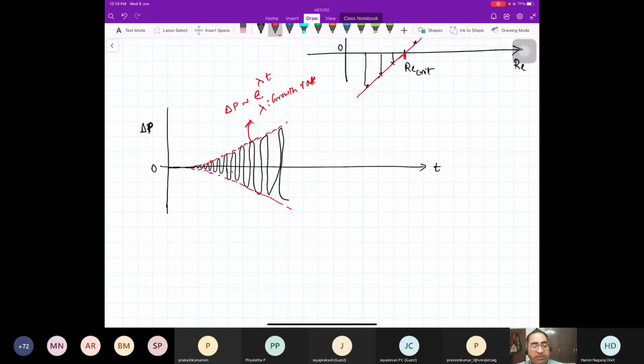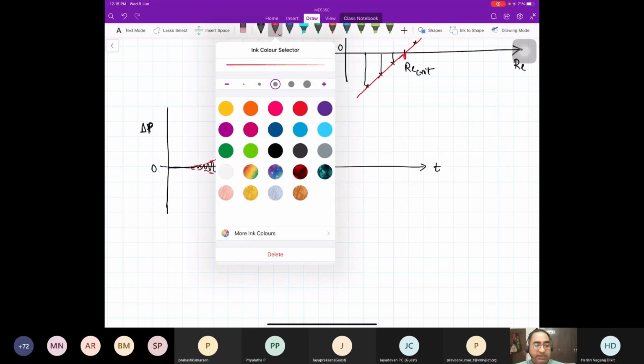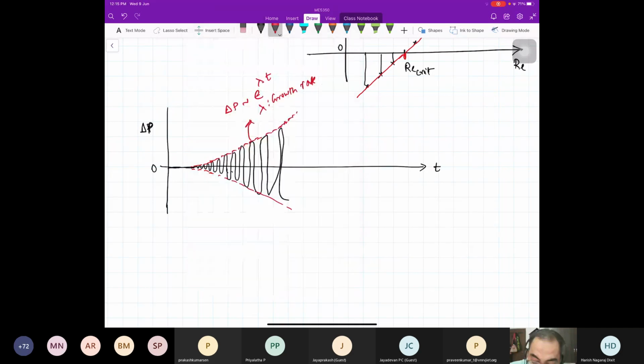These disturbances are growing. Now there is only so much energy available, and the process also becomes very inefficient after a point. It cannot suck energy anymore. So what will typically happen is, after reaching a large amplitude, the system cannot grow exponentially, it will stabilize.